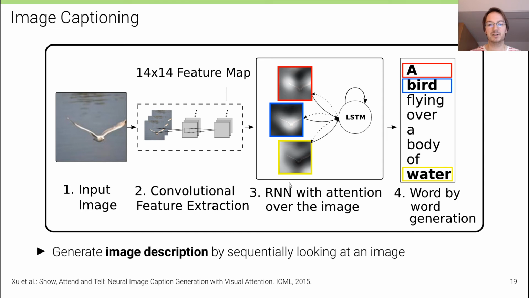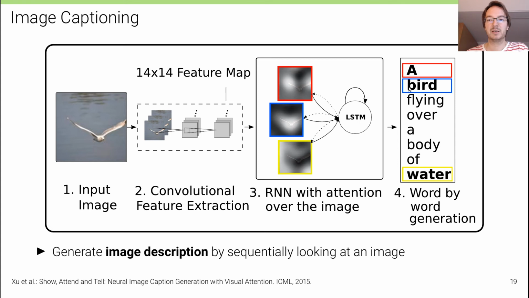And then there's a recurrent neural network that operates on that small resolution feature representation, in this case an LSTM, and sequentially attends to regions in that image and produces sequentially a sentence that describes that image, in this case a bird flying over a body of water. It generates that sentence word by word, and by looking at different regions of that image or that feature map.